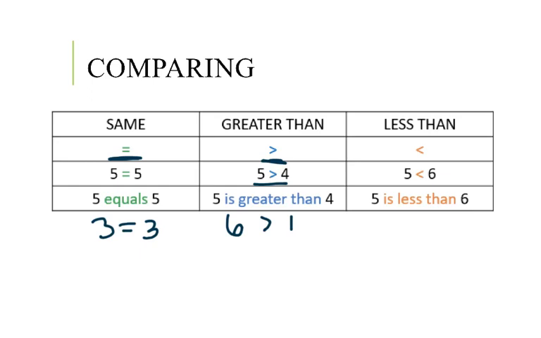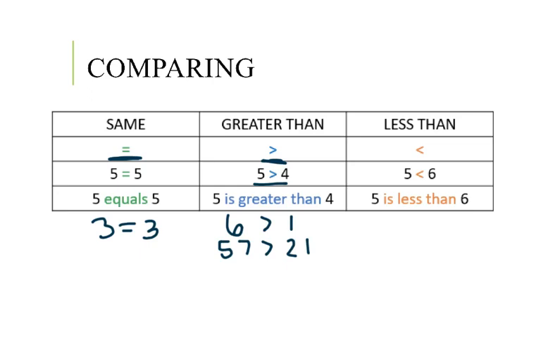You could even get bigger. 57 is greater than, what number would be greater or less than 57? Let's do 21, okay? So those are 2 examples. I'm sure you can come up with more. Go ahead and pause this video and tell somebody in your household a greater than problem.